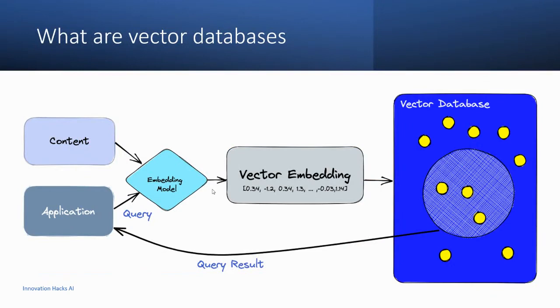Now I'll take a minute and go a little bit into vector databases, because ultimately a vector database is basically storing text as vector embeddings. The context and the application go through an embedding model that gets converted into a numeric representation, and that's eventually stored in a vector database.